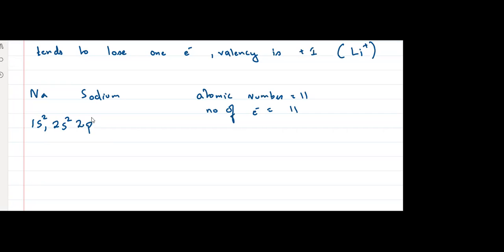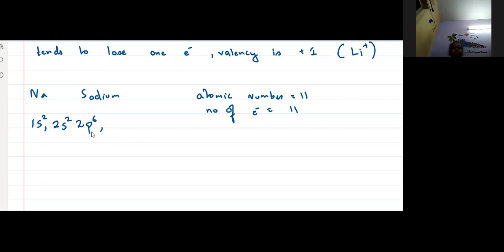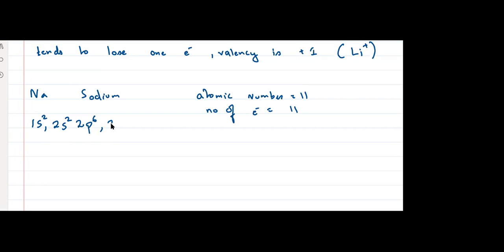How many people can stay? 6, correct. Then how many electrons are left? 1. So it will be third floor 1 BHK, right?